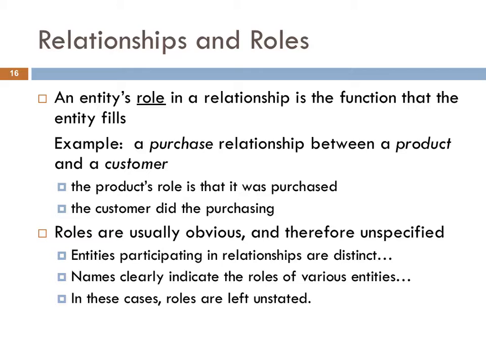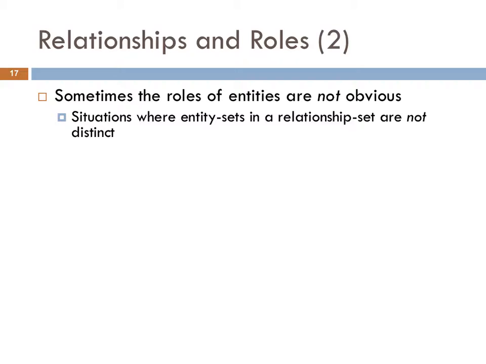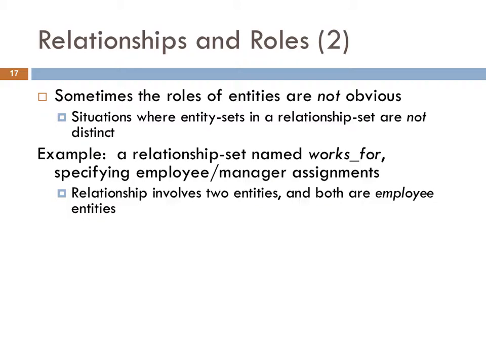But sometimes you do have situations where the roles are not obvious. Frequently this is situations where an entity set is related to itself through a relationship set. And employees are a really great example of that. So employees and managers: you'll have one side of that relationship, which is I'm the one being managed, or I'm the employee, and the other side is I'm the manager.